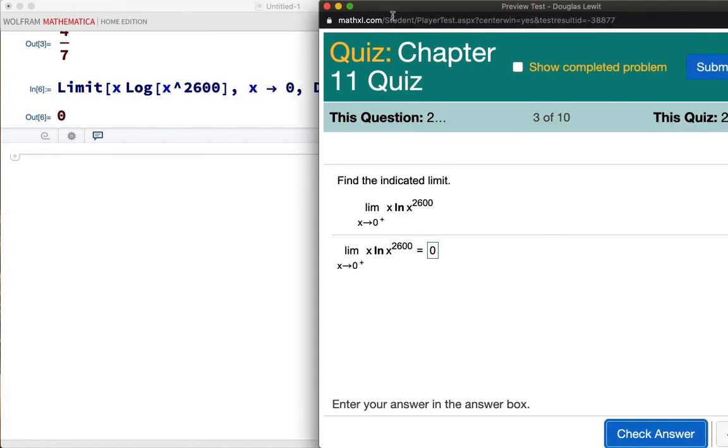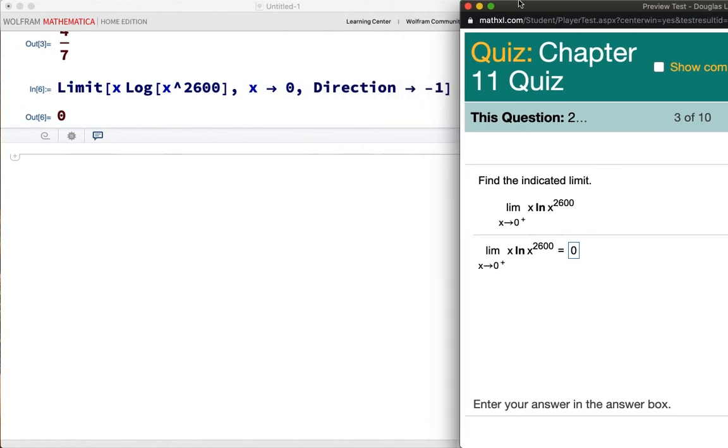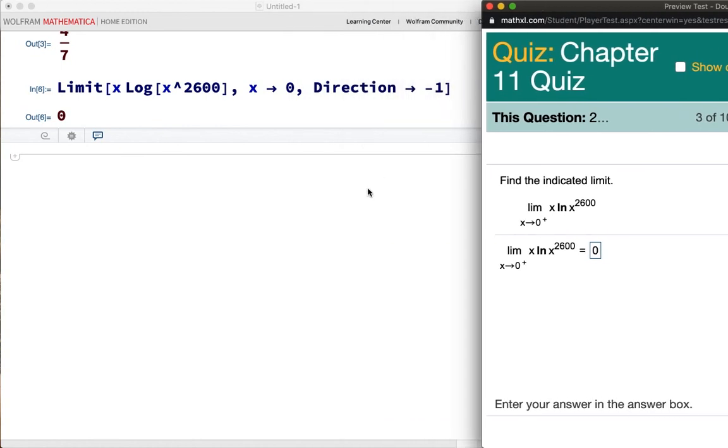That's simply how this function has been designed in Mathematica. So direction -1 simply means that you're approaching the limit from the right side of, in this case, 0. You want to know how the function behaves on the right side of the limit, which is 0, as x goes to 0.